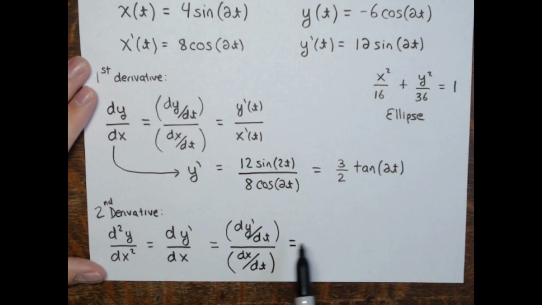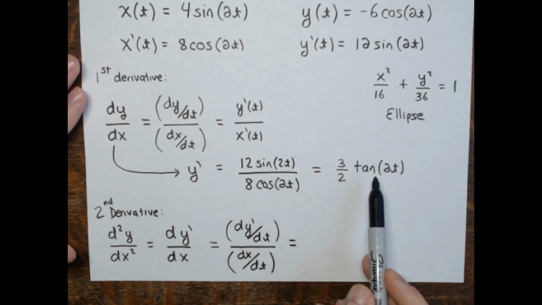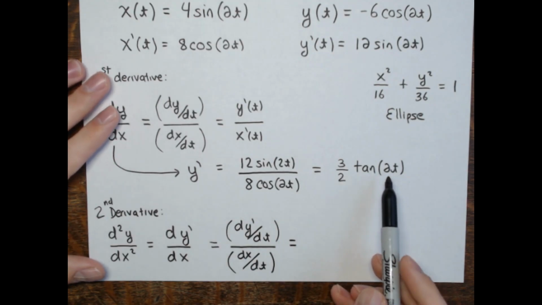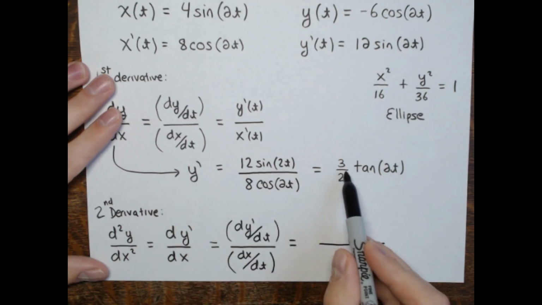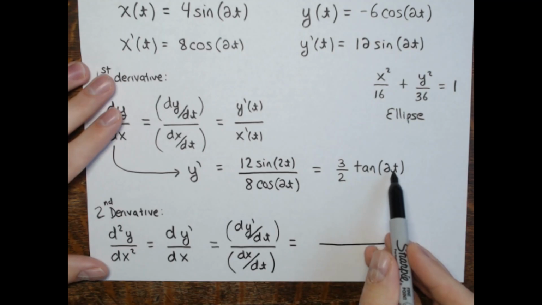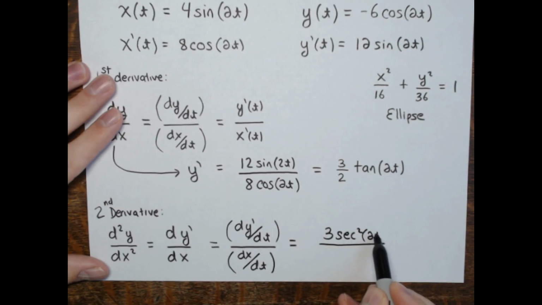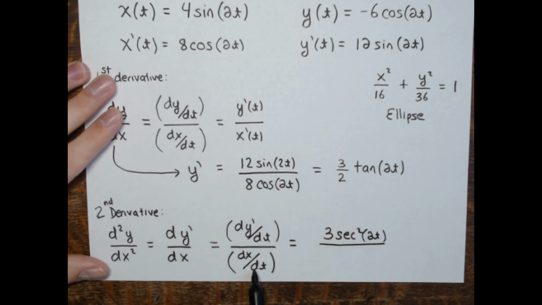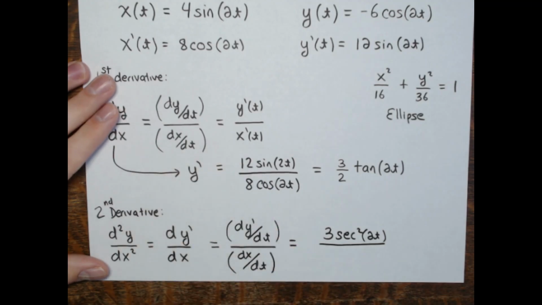And we simplify. Now, y prime we saw from the line here. Y prime in terms of t is 3 halves times the tangent of 2t. So this numerator, the derivative of 3 halves times the tangent of 2t, would be 3 times secant squared of 2t, the derivative of y prime with respect to t. And then the denominator here is the same as up here, just the derivative of x with respect to t.